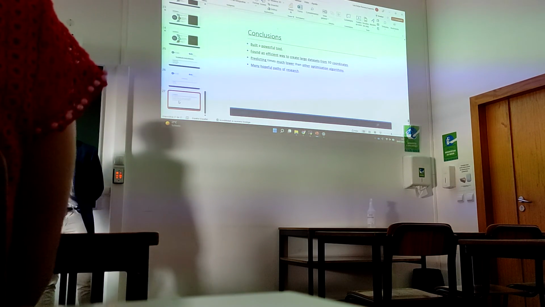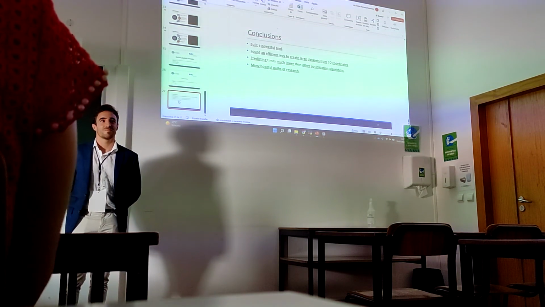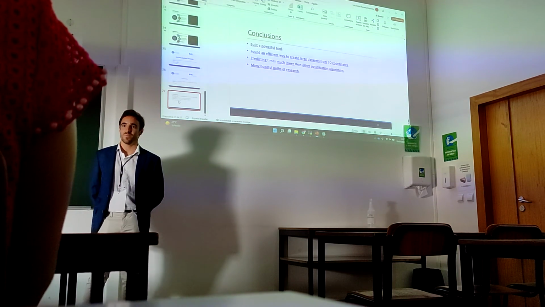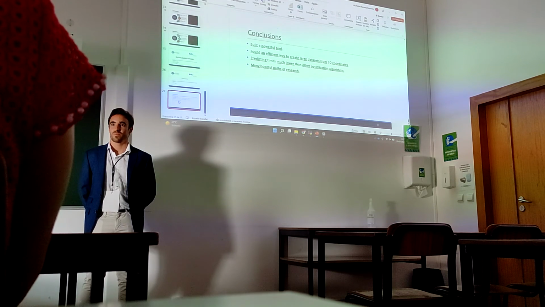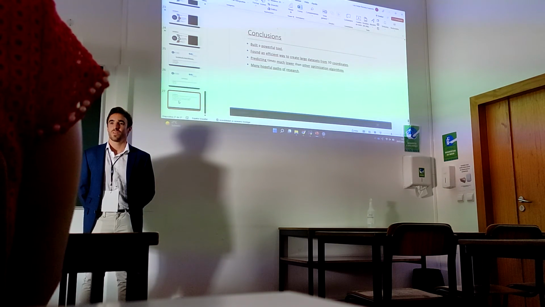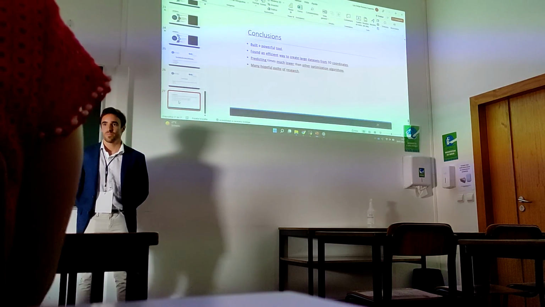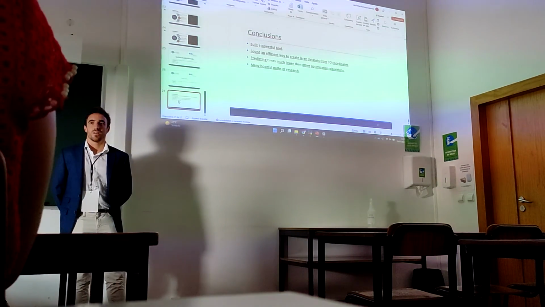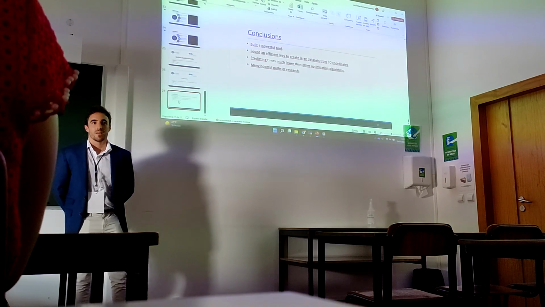Any more questions? No? I have another question. I could see that you have a scale factor in your neural network, okay? Could you explain a little bit more the meaning of this scale parameter? Yeah, of course.